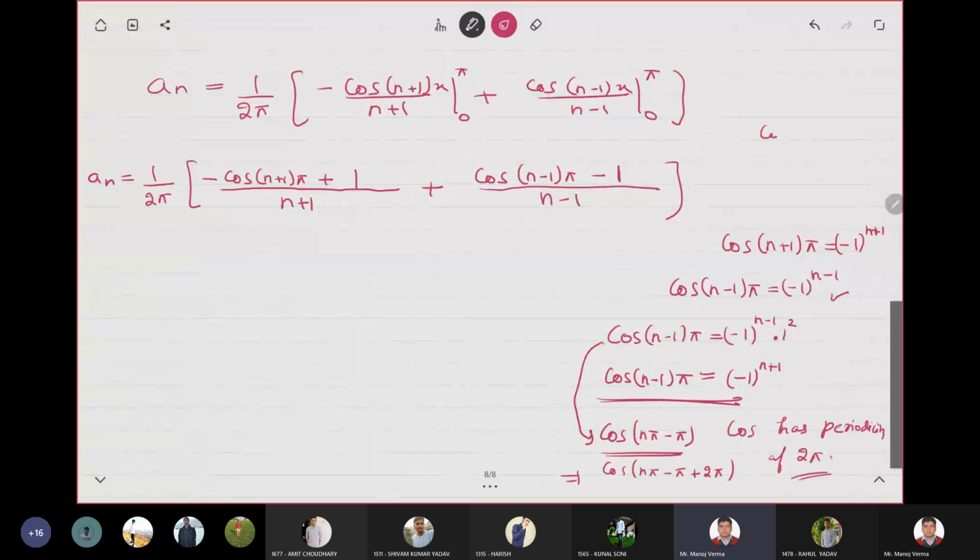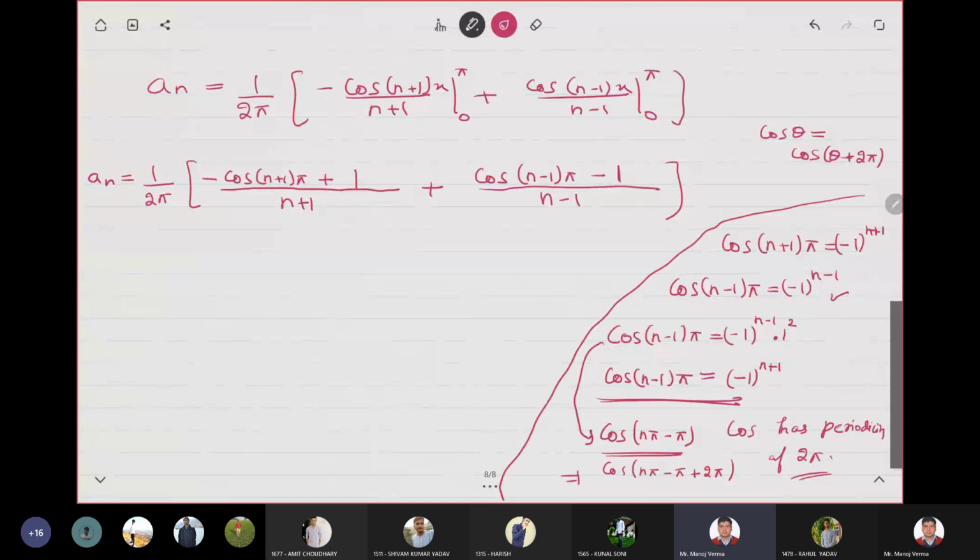For example, whatever the value of cos θ is, the value of cos (θ plus 2π) will be the same. That's why, whatever the value of n, cos (n minus 1)π will be equal to cos (n plus 1)π. So I have to use this logic in this type of solutions.